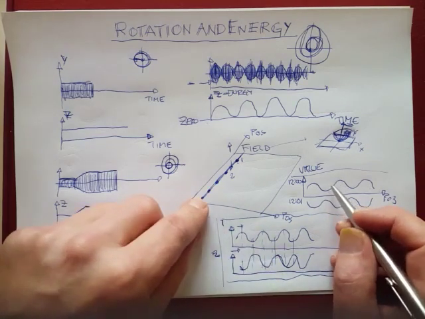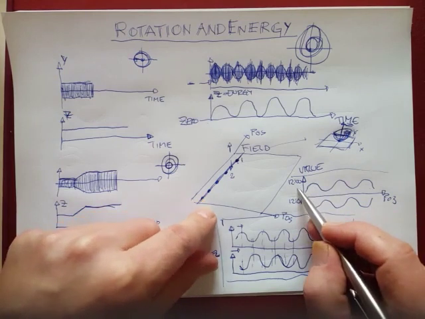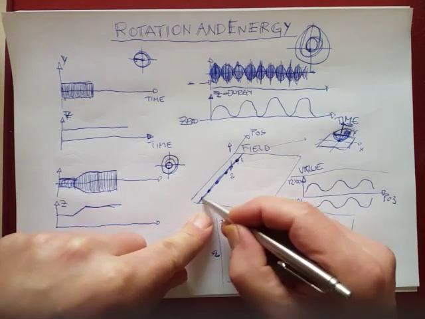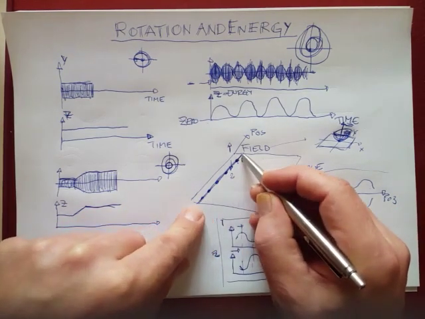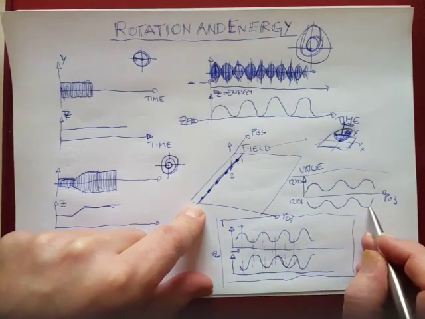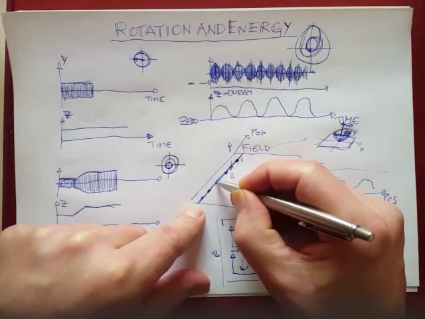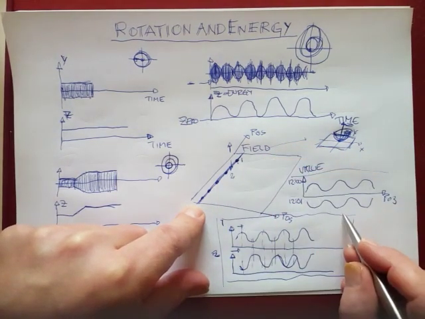So this is a fixed snapshot of how that wave looked at 12 o'clock. But at 12:01 the wave looked different, because every spot inside is changing value all the time.